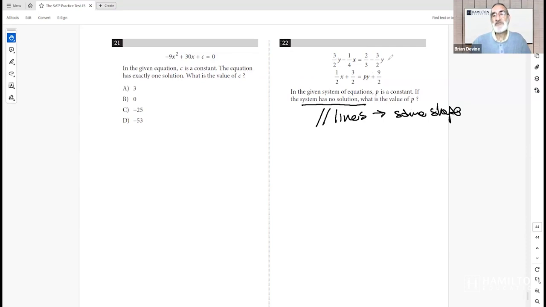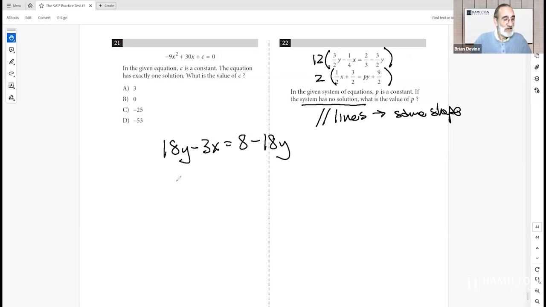Now, I don't like dealing with fractions in these situations, so I'm going to take the whole first equation and multiply it by a common denominator, which would be 12. And I'm going to get 18y minus 3x equals 8 minus 18y. And I'm going to get rid of the fractions in the second one by multiplying the whole thing by 2. And I'll have x plus 3 equals 2p times y plus 9.